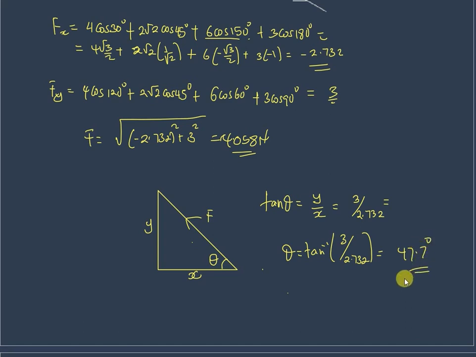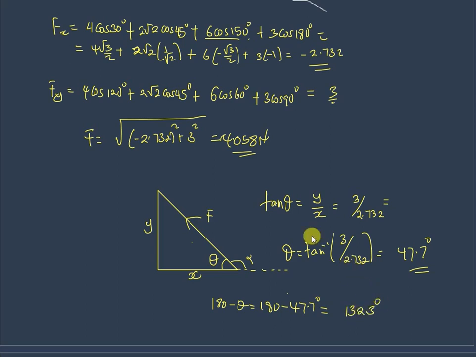which is equal to 47.7 degrees. Now if you are to get the angle of inclination of the resultant to the positive x-axis, this is the angle we are looking for. So the resultant is inclined at an angle of 180 minus theta, 180 minus 47.7, which gets us 132.3 degrees.